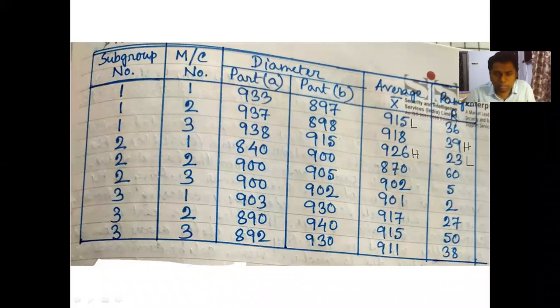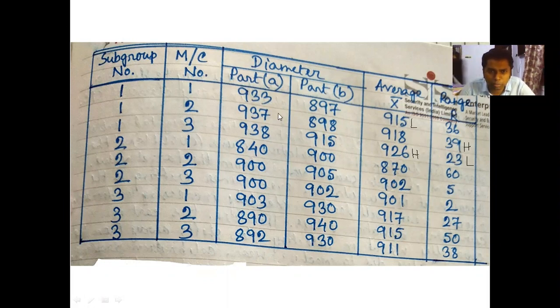Now to make the idea clearer, have a look at this. Here in this example, there are parts. There could be 3 parts, 4 parts, 5 parts, and so on. But at least 2 parts should be processed by machine 1, machine 2, or machine 3.